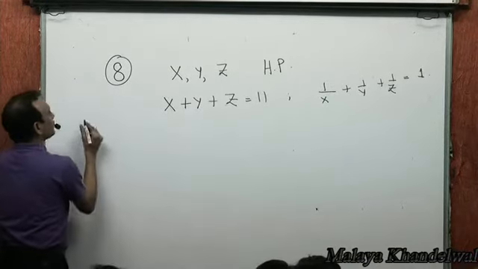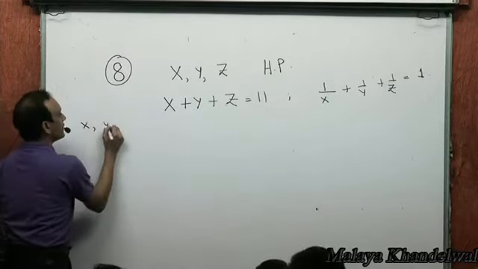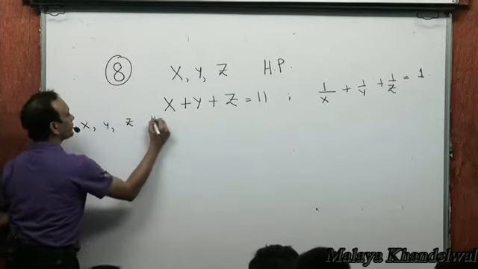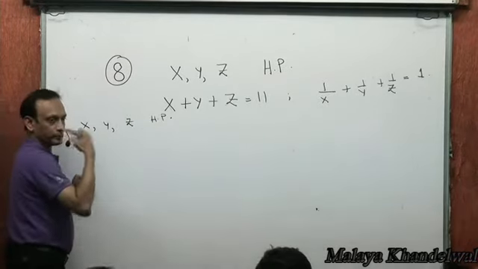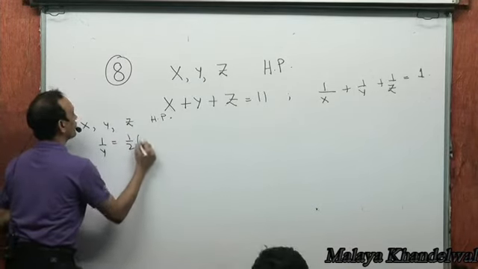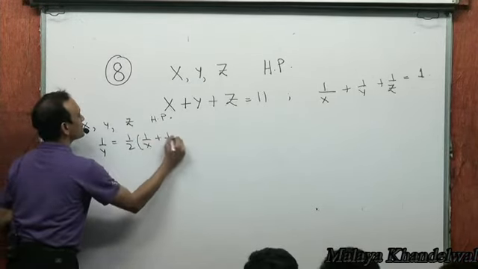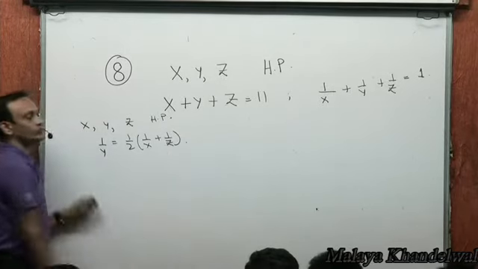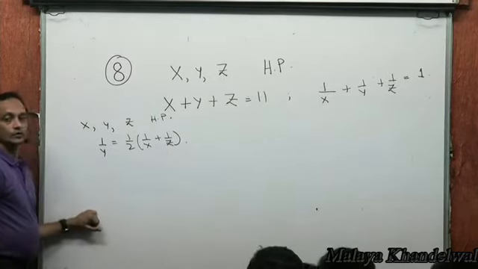Now, if X, Y, Z are in HP, then 1 by Y would be half of (1 by X plus 1 by Z). Yes or no? Do you understand this?